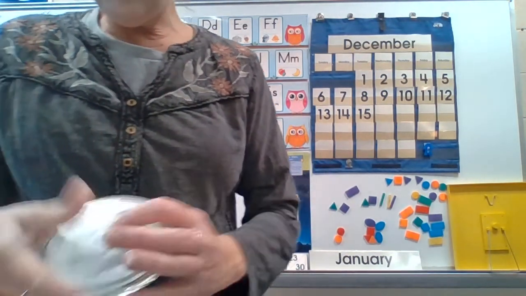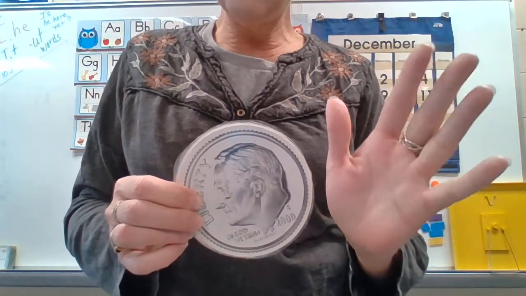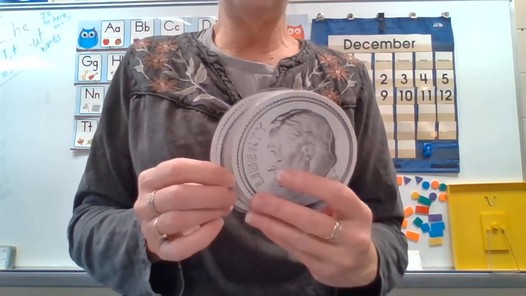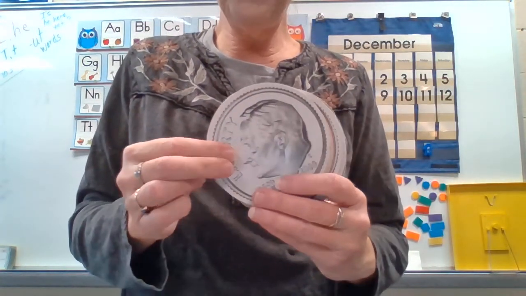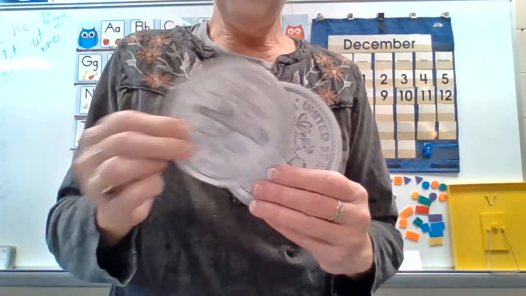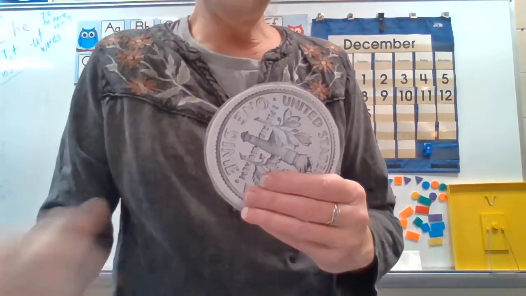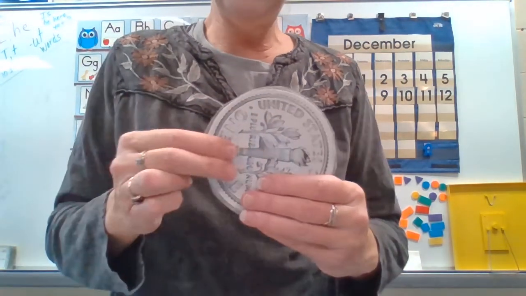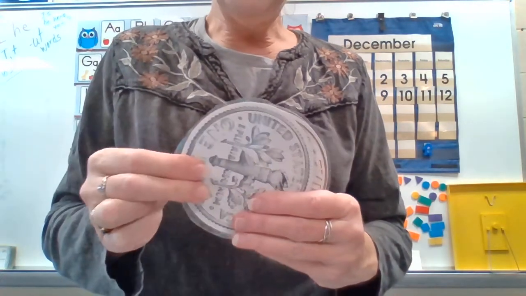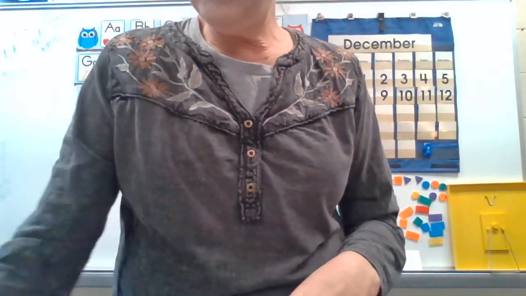Now let's count our dimes, our dinky dimes, by 10s because it's worth 10 cents, and let's see how much money we have. You ready? 10, 20, 30, 40, 50, 60, 70, 80, 90, 100.